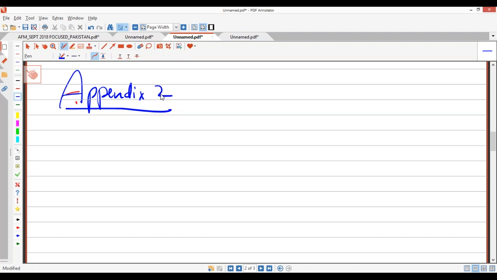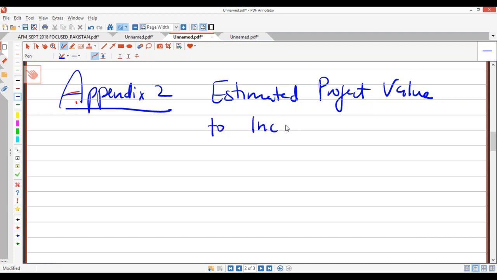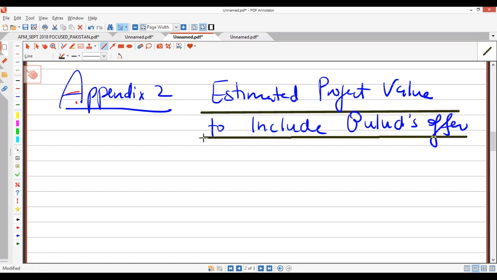Appendix 2, we're going to have the estimated project value to include, very quick one, Balut's offer, the option to sell, abandon, whatever you want to call it.